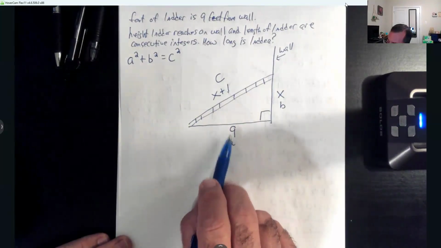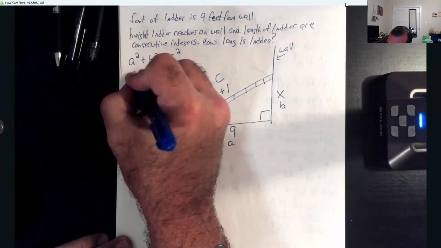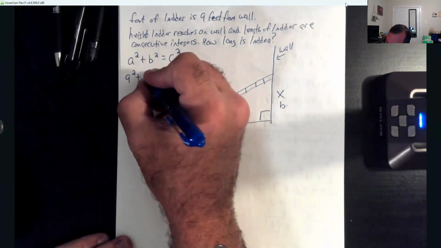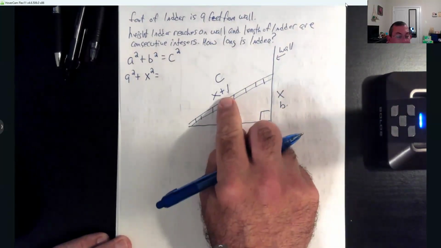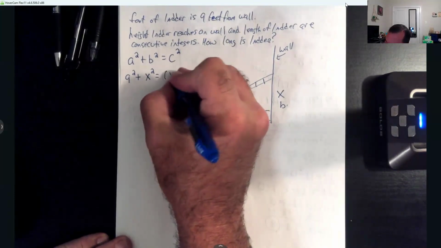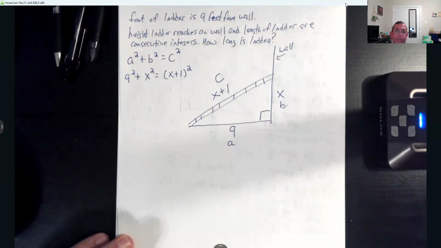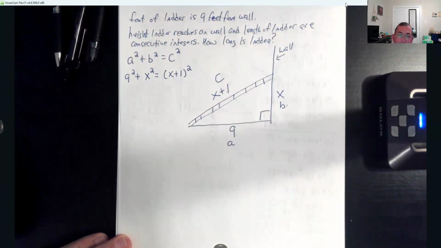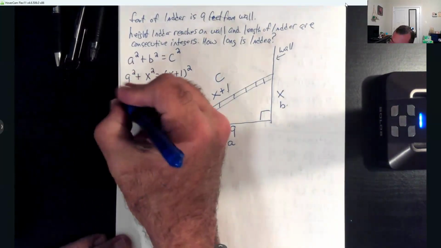So here we go, plug it in. 9 for a gives me 9 squared plus b, which is x squared. That's going to equal c, which is x plus 1 squared. All right, y'all. So 9 times 9, we know that's what? 81.